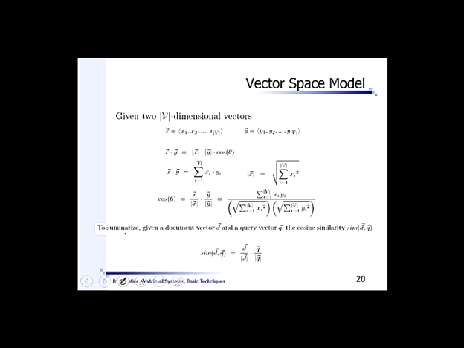And if we want to compare the similarity between two vectors, a document vector and a query vector, we can have d over d mod, and q over q mod. How we calculate d, we'll see inshallah, how to convert into numbers. If we want to calculate the angle between two vectors, we'll simply use this formula.